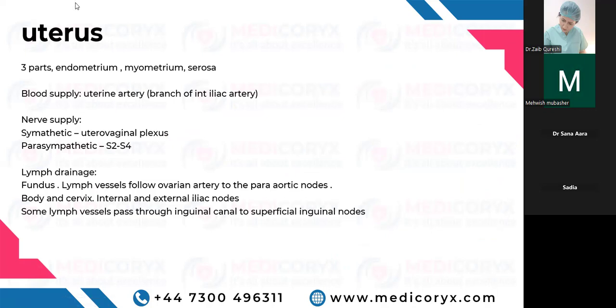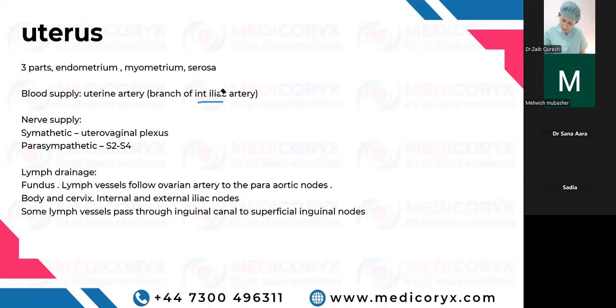So tell me, is this an anterior division or posterior division? What about uterine artery? Anterior, very good. Anterior division of internal iliac artery is giving you uterine artery. And you have to remember the branches of posterior and anterior division separately.